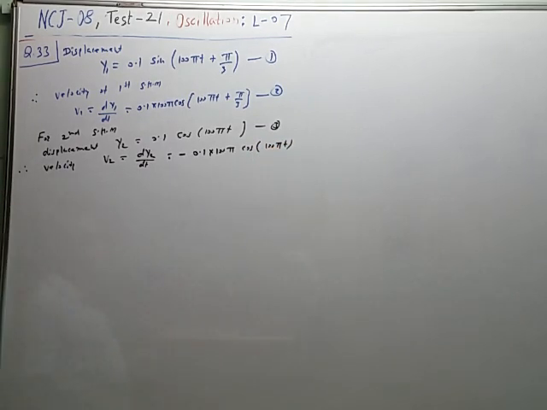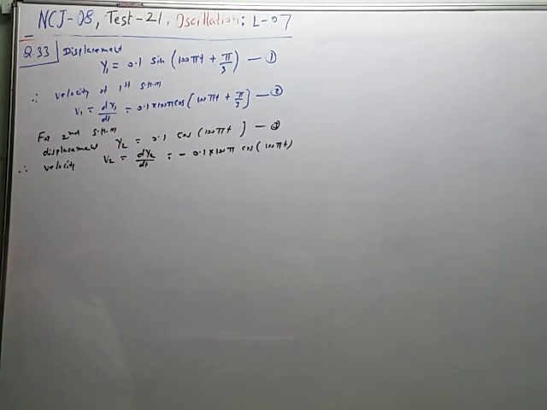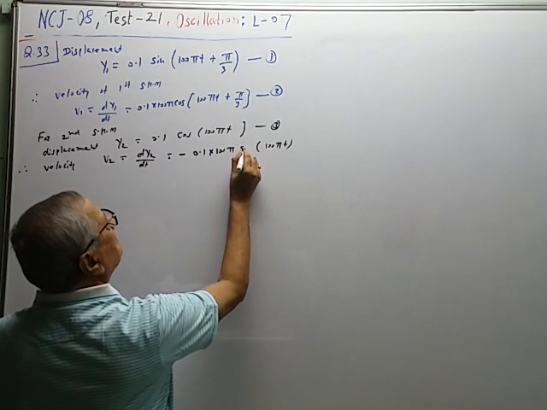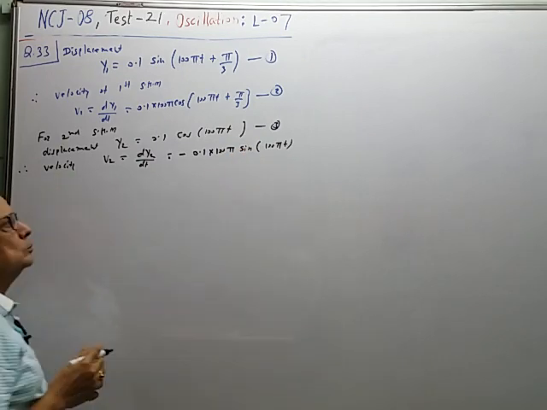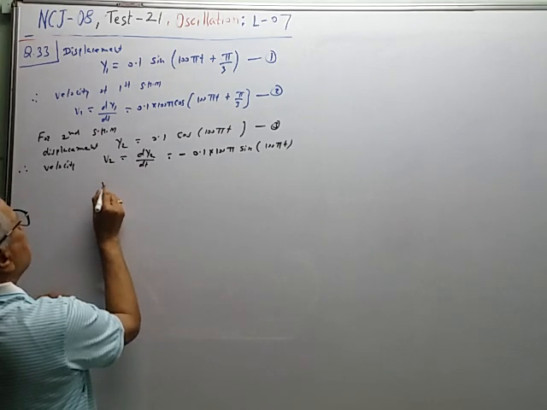So when we compare the phases in both equations, there should be cos in both, but here this is cos and derivative is sin, so the arrangement is important.